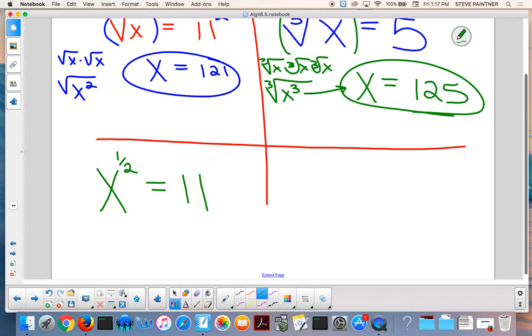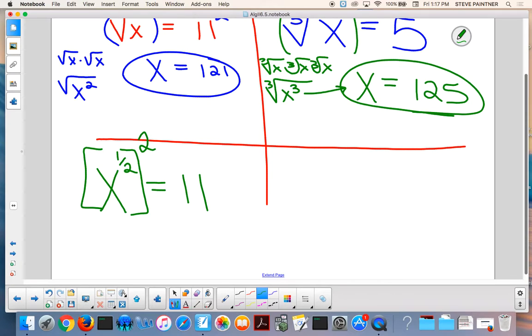What does that mean? That's just the square root of x. But here's the deal. When you start getting rational exponents, there's an easy way to get rid of a fractional exponent. Take the exponent and raise it to another exponent. What would that exponent be? 2.